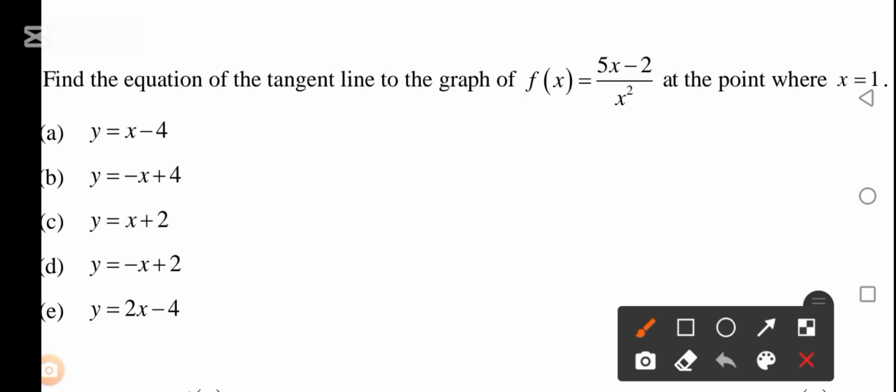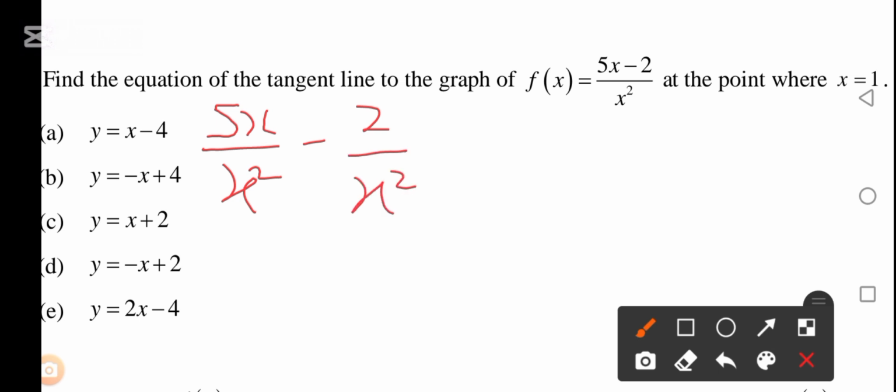To do this, we can split that denominator to each term to have 5x over x squared minus 2 over x squared. So this can be re-expressed as 5 over x minus 2 over x squared.